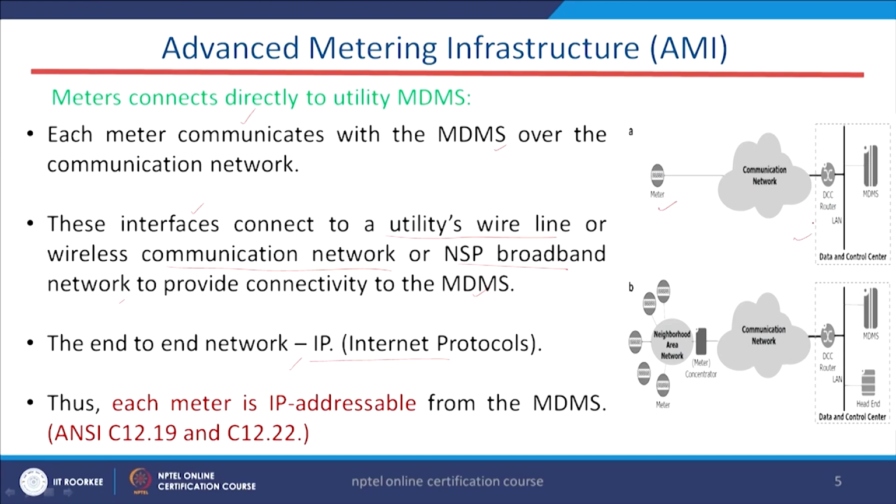Now, in this case each meter is assigned one particular IP address, and those rules are written in the standards C12.19 and C12.22. So these are the two standards where everything is written, that is how the meters are going to be connected to the utility side MDMS.